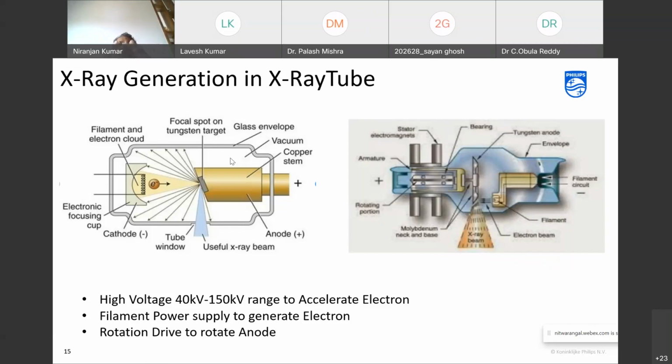Because this is called an inert gas. So what happens when we heat the filament? A lot of heat is generated and electron clouds come around it. If you have a different gas, it will start catching fire, right?